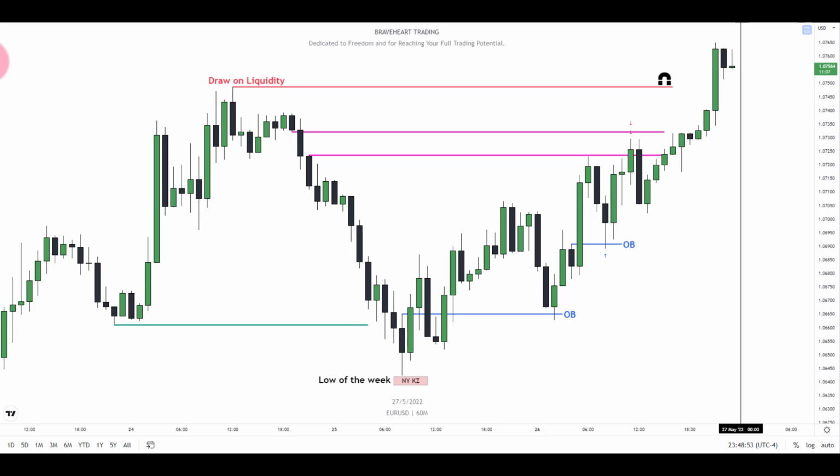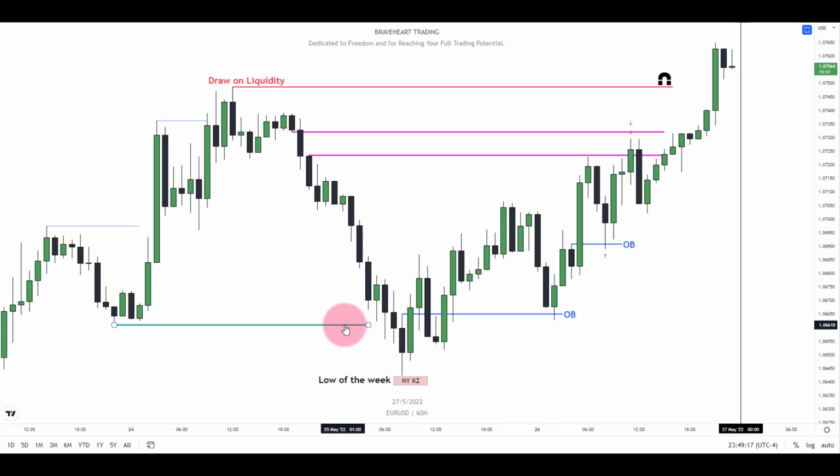We can also see that all these impulsive moves up here are inducing longs into the market, so breakout longs here and breakout longs here. Where are they going to place their stop loss? They're going to place their stop loss right below here. So I'm looking at this area as a very good buying opportunity.